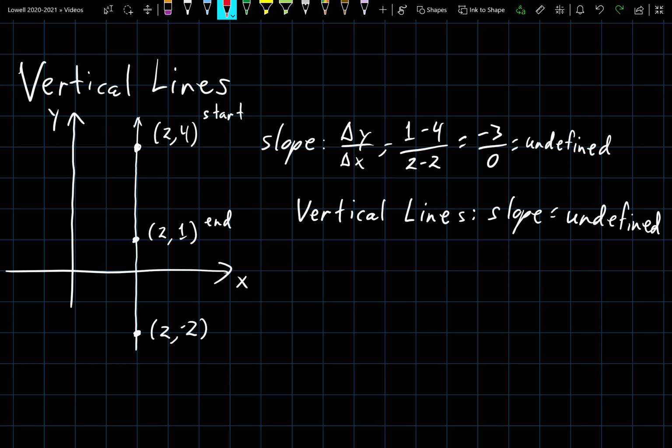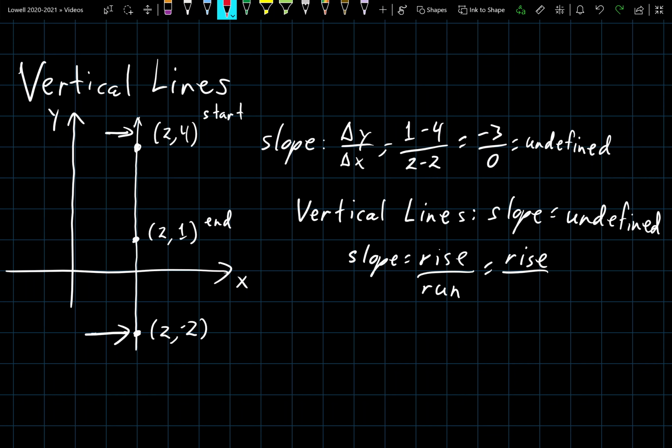But here's kind of why that's going to be the case: we always have slope as rise over run as usual. And you're going to rise some amount. We started off right here, and we could have risen down here, which is what we did, or we could have gone down here if we wanted to. But no matter how far you rise, whether you're going upward or downward, how far are you running? You're actually not going to be running horizontally anywhere.